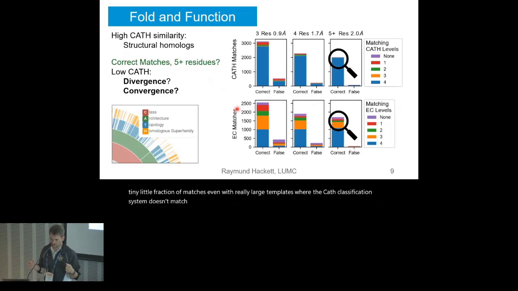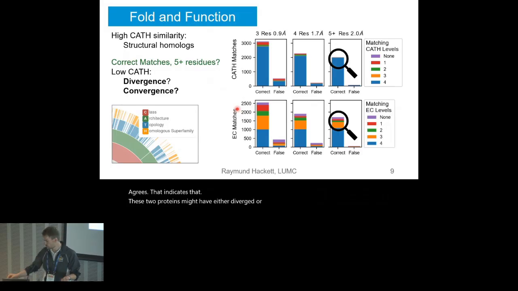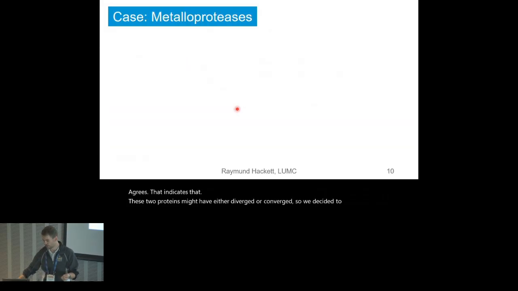And those are interesting, because if you get enzymes where the match doesn't have good CATH similarity, but the function, the EC classification agrees, that indicates that these two proteins might have either diverged or converged. So we decided to take a closer look at those.